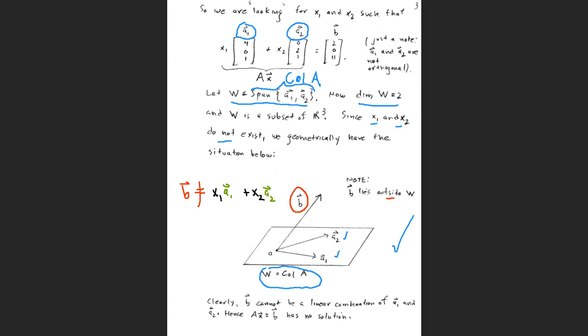So the vector B cannot be in the subspace. It has to fall outside.